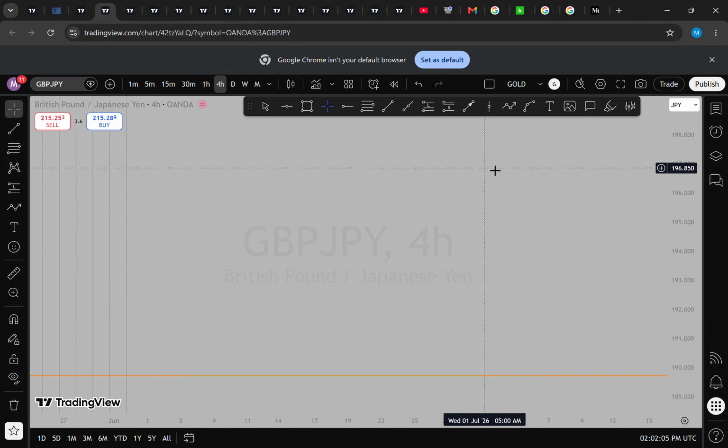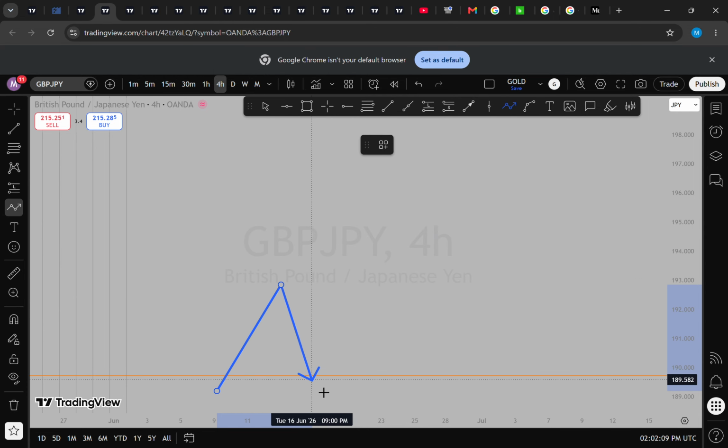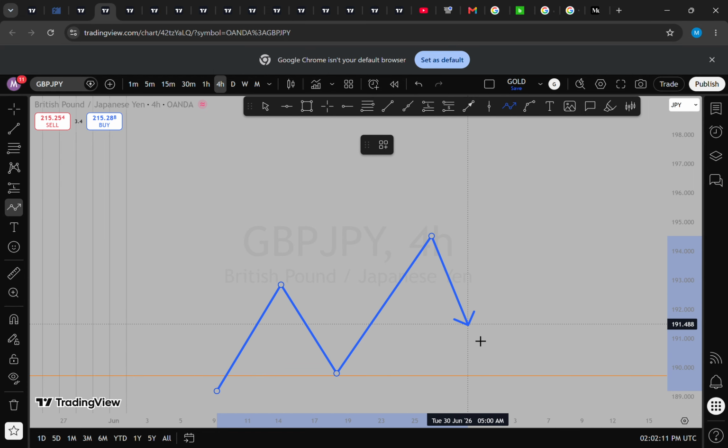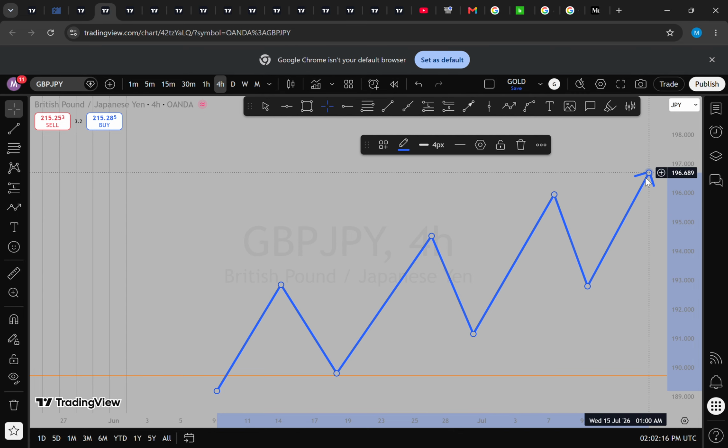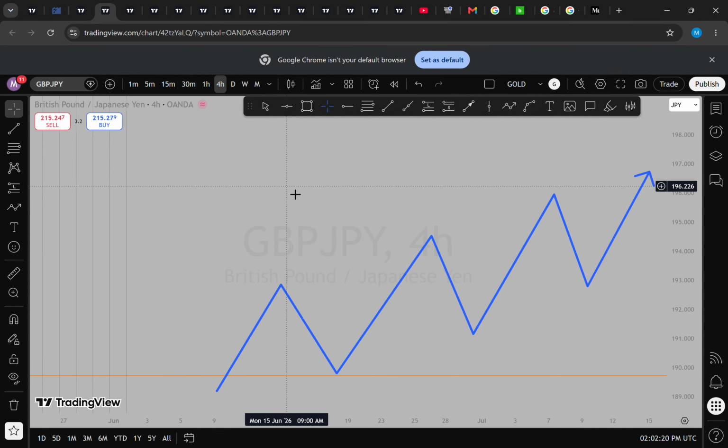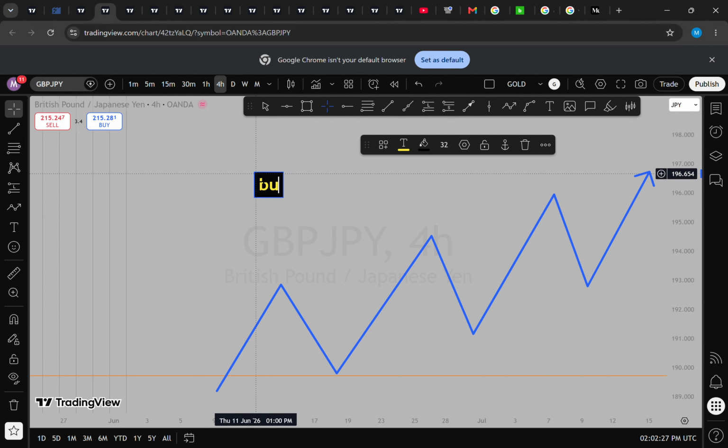As you all know, this is a bullish structure when you have higher highs and higher lows.